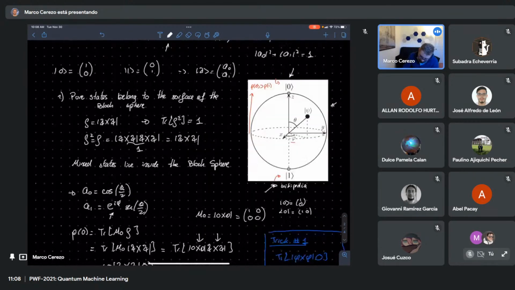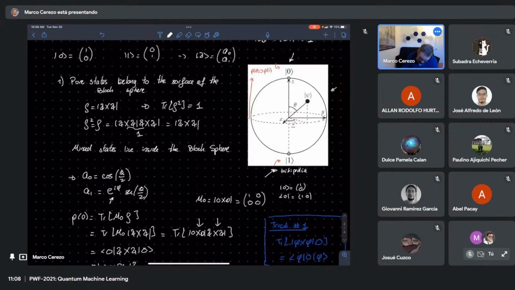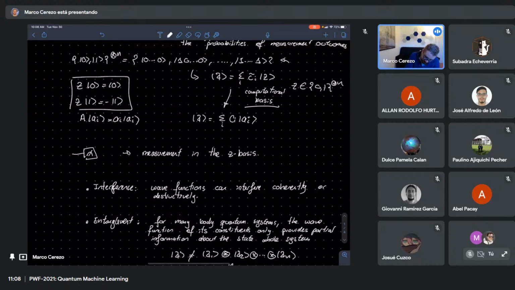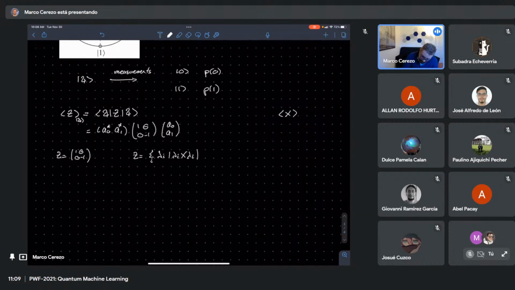Oh yeah, here they are. These are the eigenvalues and the eigenvectors of Z. So we know that Z has an eigenvalue 1 associated with the state |0⟩, and an eigenvalue minus 1 associated with the state |1⟩. So we can always express Z as |0⟩⟨0| minus |1⟩⟨1|.